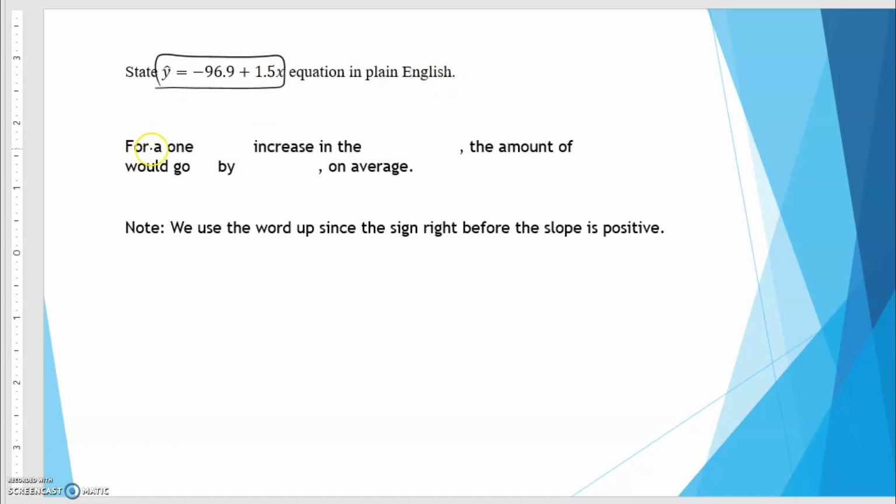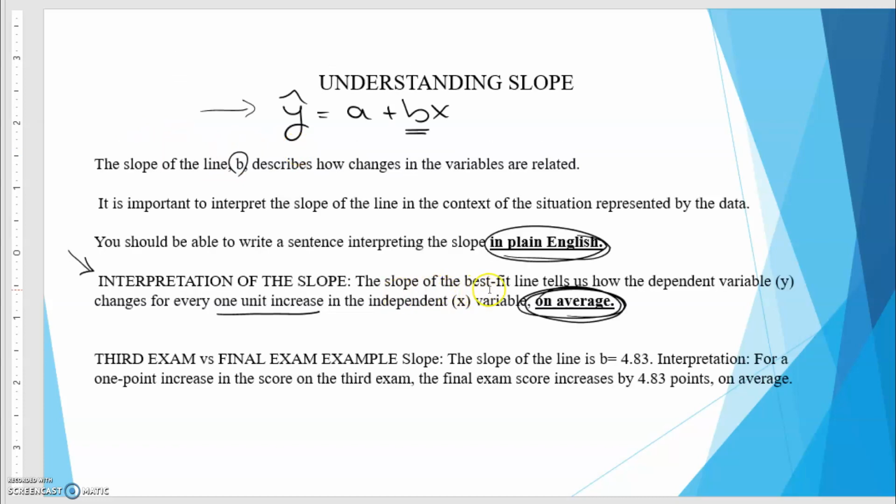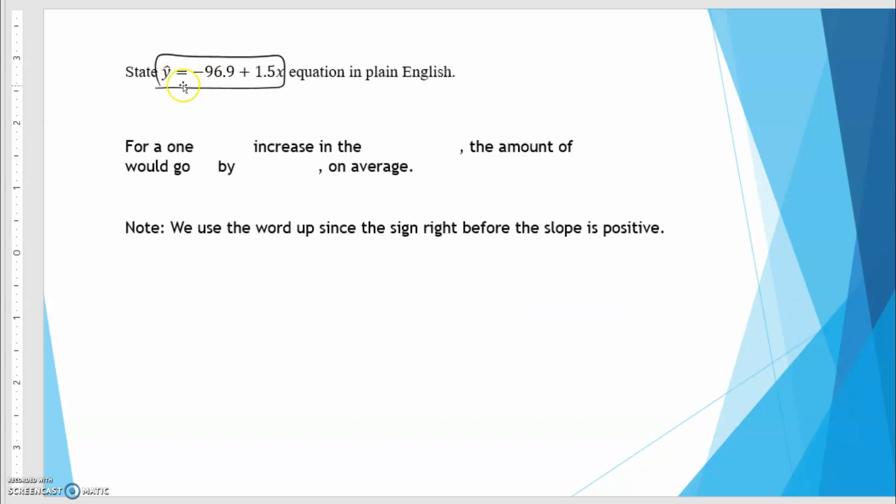For a 1 unit increase in the independent variable, this is going to tell us how the dependent variable will change on average. We said that x was temperature and y was water consumption.